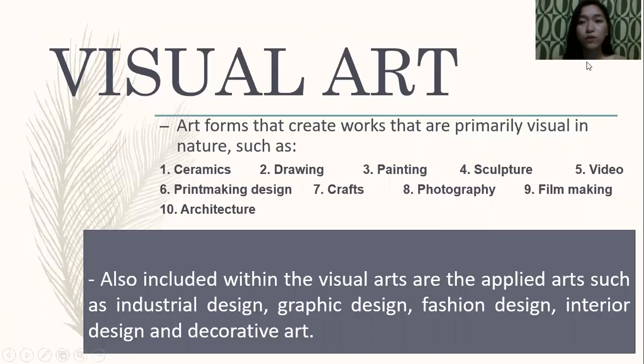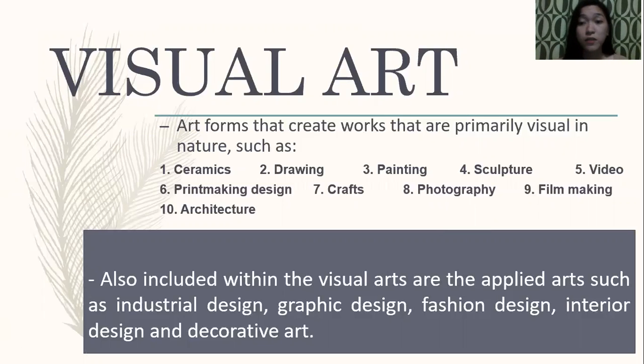So when we say visual art, forms that create works that are primarily visual in nature, such as ceramics, drawing, painting, sculpture, video, printmaking, crafts, photography, filmmaking, and architecture. It doesn't end there.